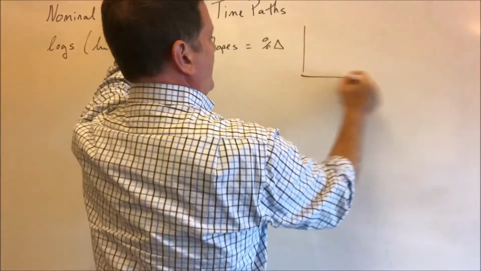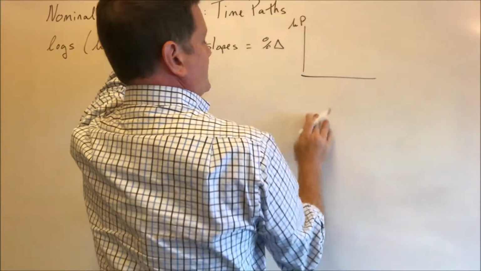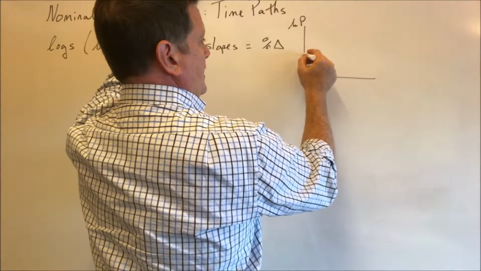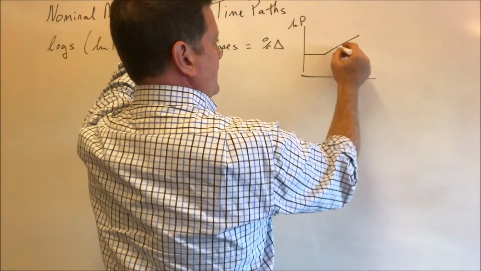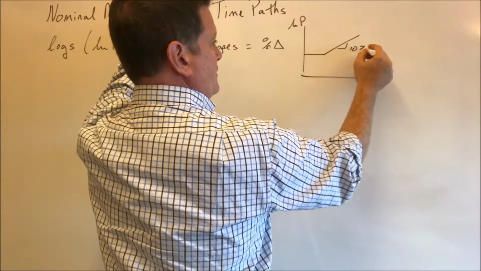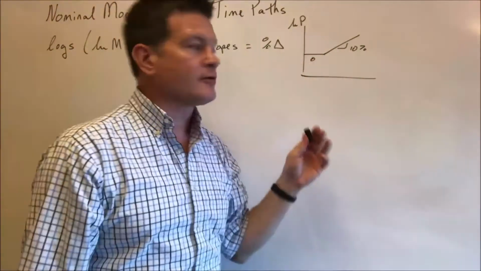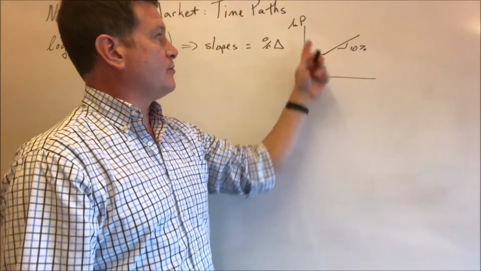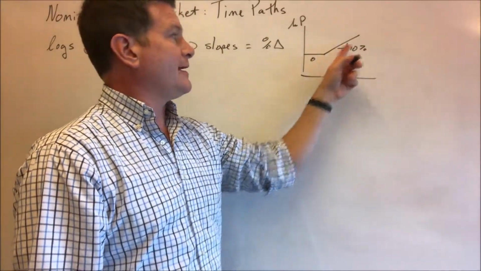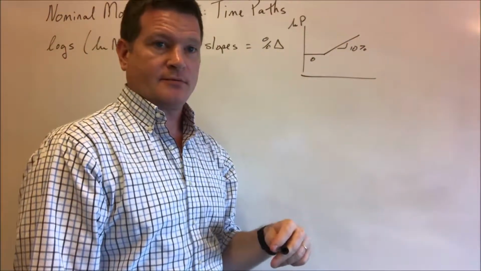So if I'm plotting the log of the price level and the slope here is 10% and the slope here is 0, I can literally read that as 0% inflation and 10% inflation.